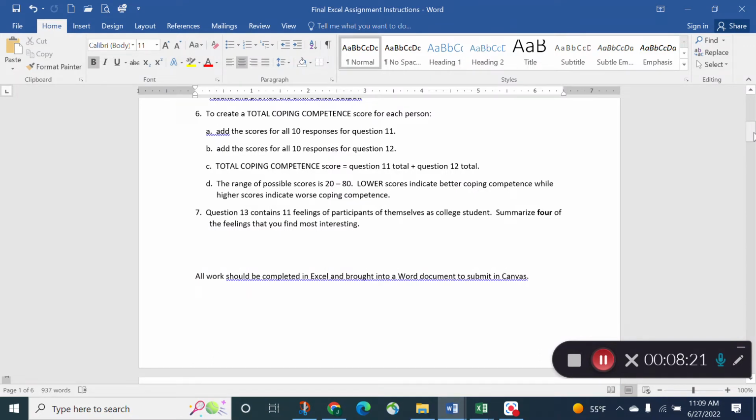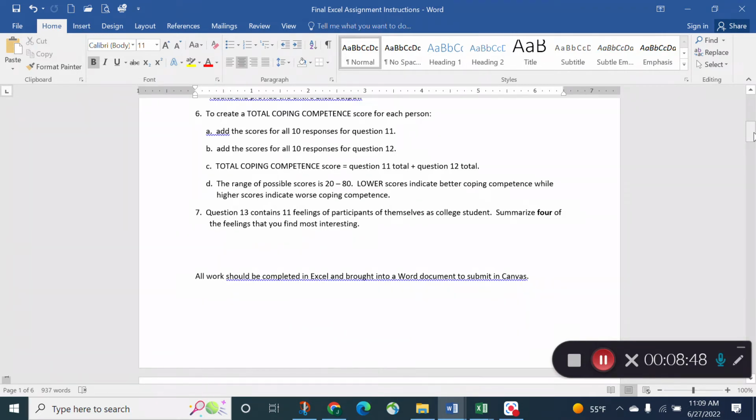There's 10 responses for question number 12. If everyone answered so that they had a 1 on each of those questions, 1 plus 1 plus 1, 20 times gives us the low score of 20. If on all of those responses they had a 4, 4 times 20 gives us that upper end of 80.